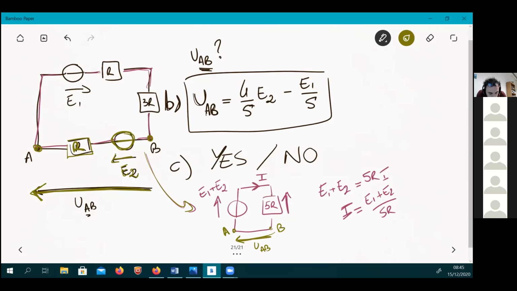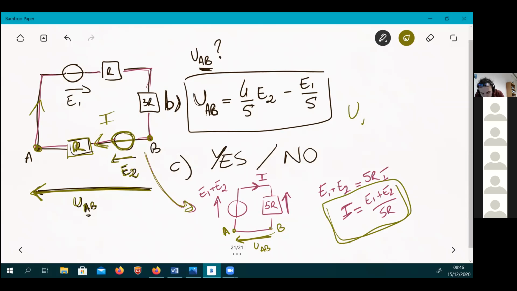Yes. So you can go for the simplification of the resistors here, associate them to get the final current, because now you know that the current flowing through this circuit is in this direction, I, and get this value. But now back to the question, which is the voltage UAB.